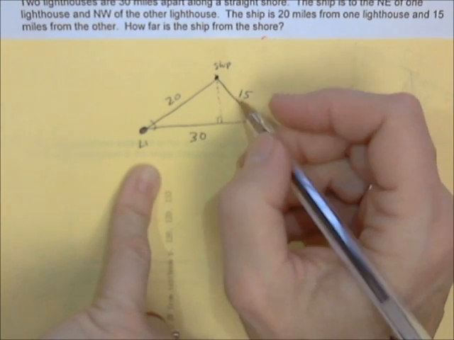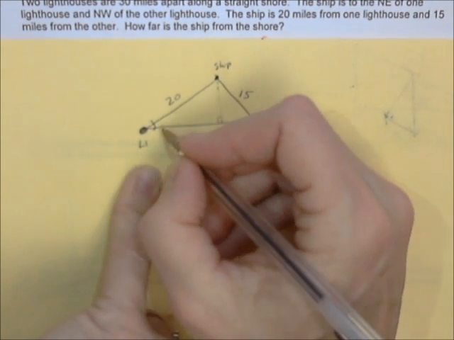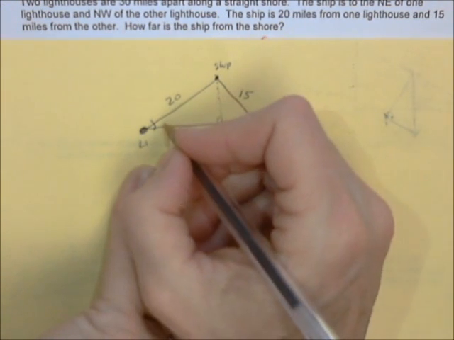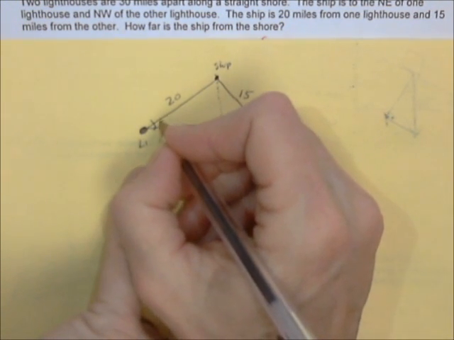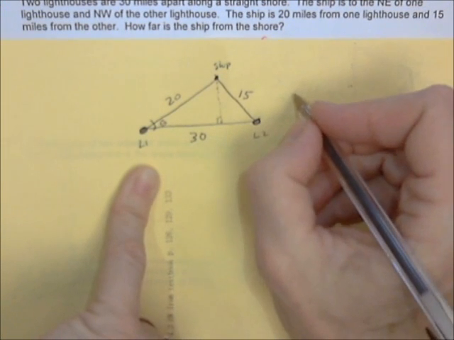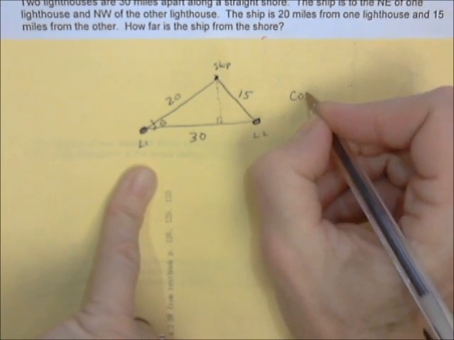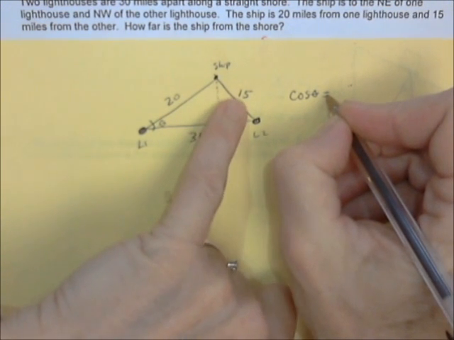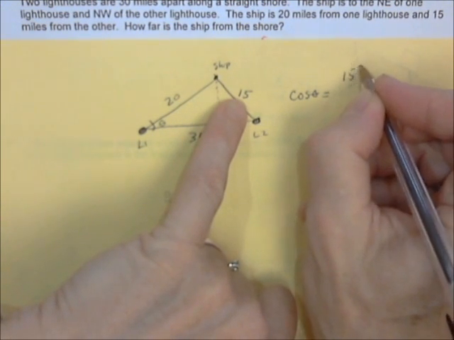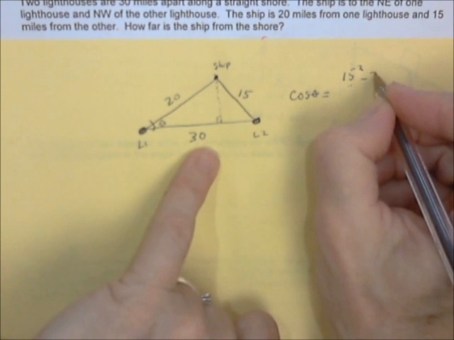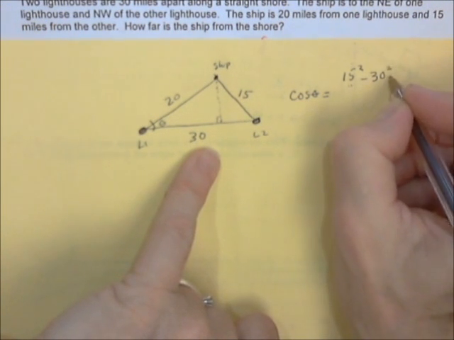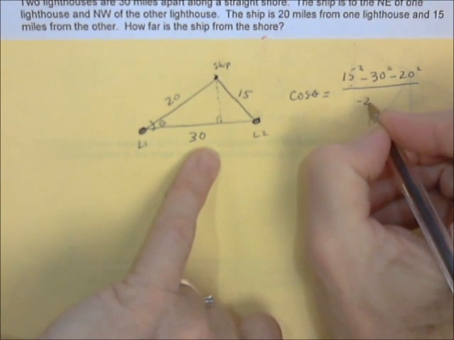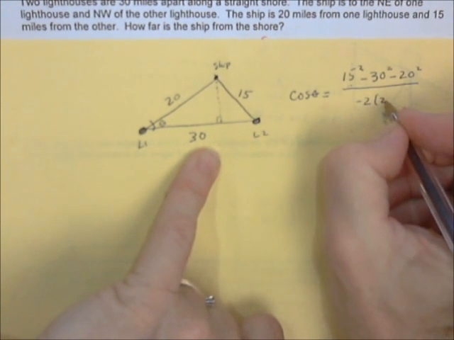So if you remember the law of cosines, that's been modified to try to find an angle. I guess I'll call this angle theta. The law of cosines says that the cosine of that angle theta is equal to the opposite side squared minus the two other sides squared, all divided by -2 times the two opposite sides.